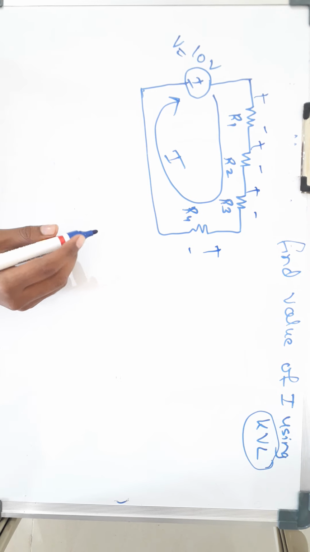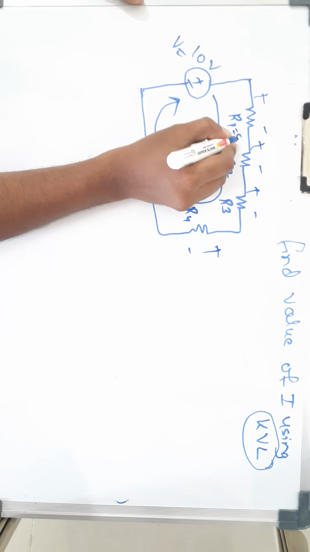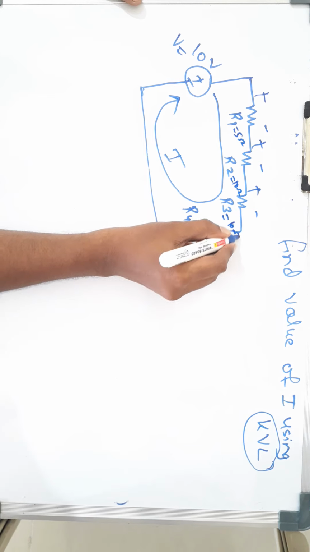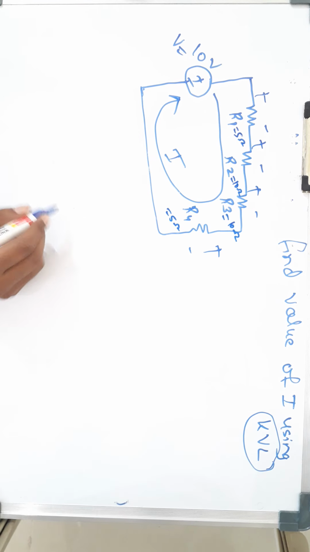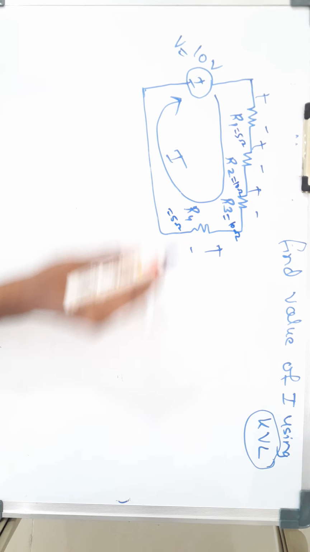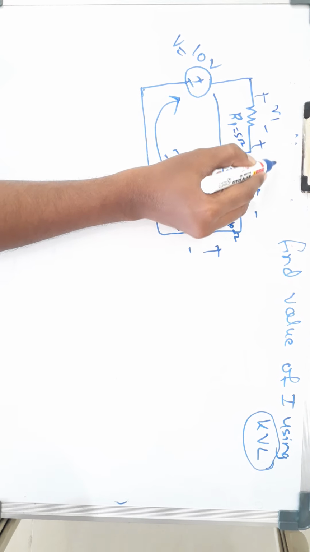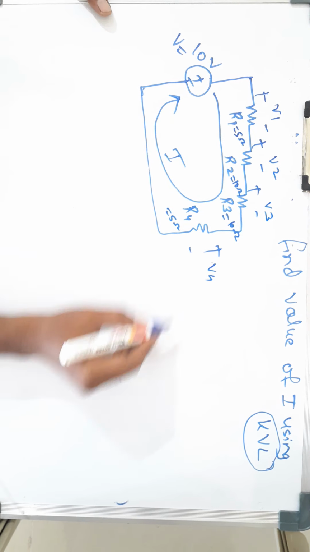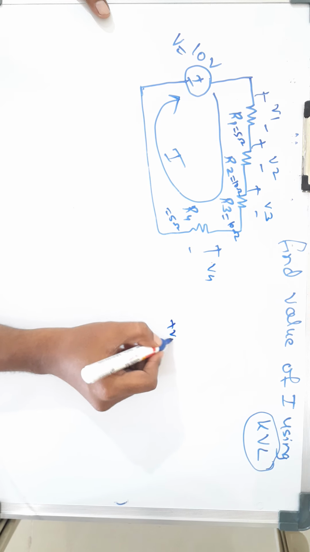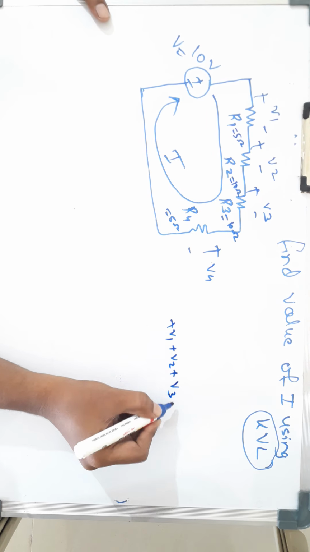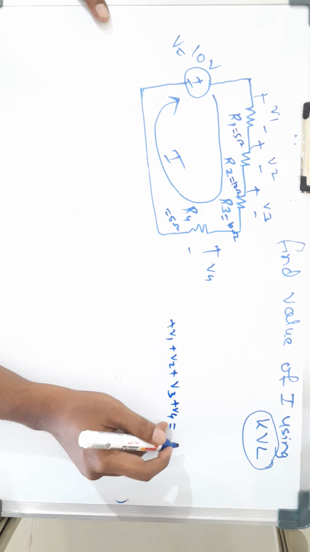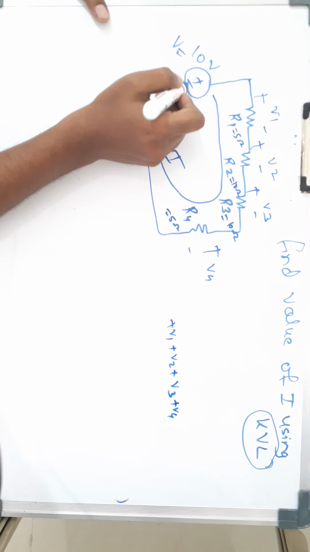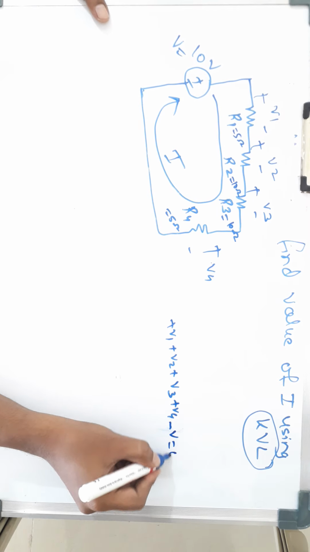R1 equal to 5 ohm, R2 equal to 10 ohm, R3 equal to 10 ohm, R4 equal to 5 ohm. I will start writing the equations. Here we have V1, V2, V3, V4. Starting from this side, plus V1 plus V2 plus V3 plus V4, then coming to the source, minus V equal to 0.